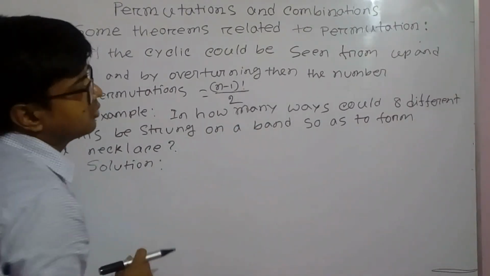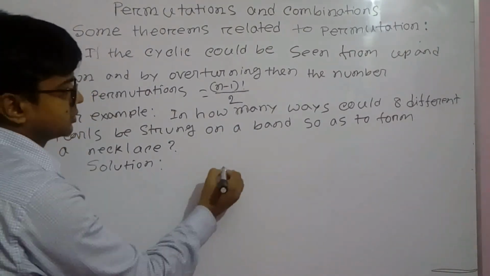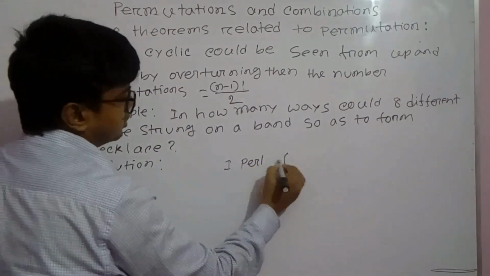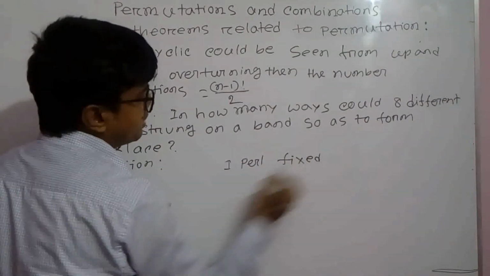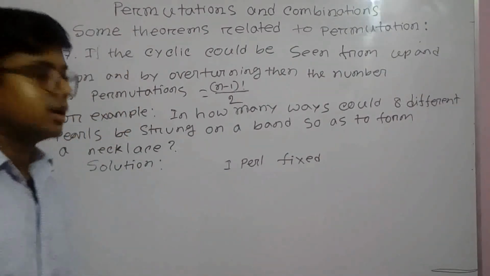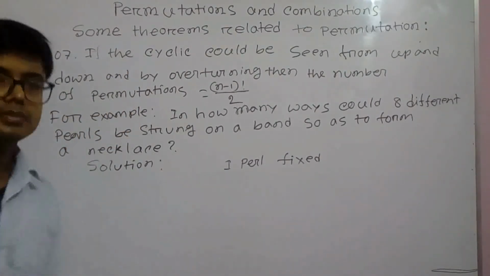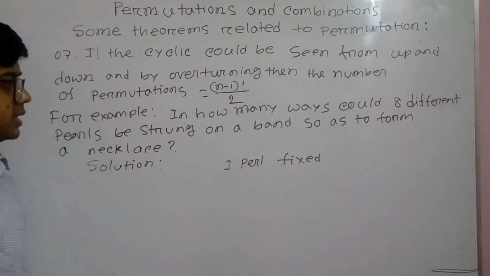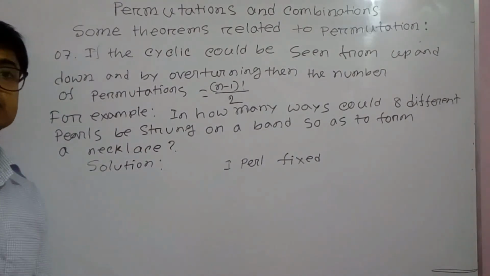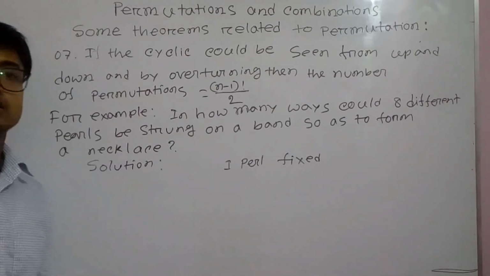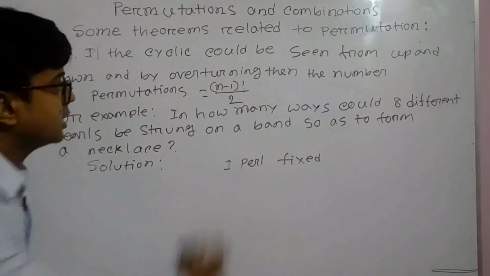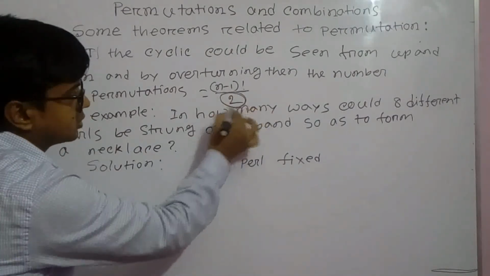Solution. Here one pearl will be fixed, and again clockwise and anti-clockwise arrangements of the necklace are not counted differently. That's why we divide by 2.